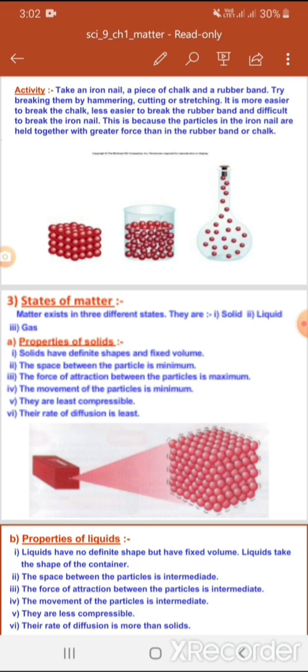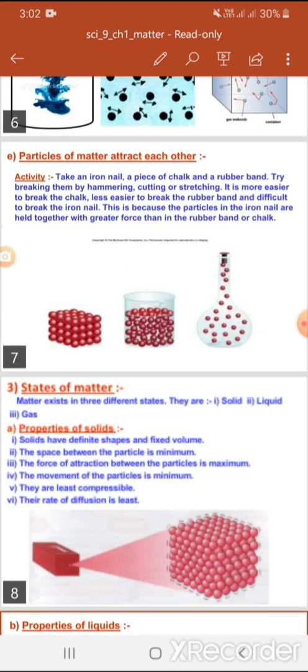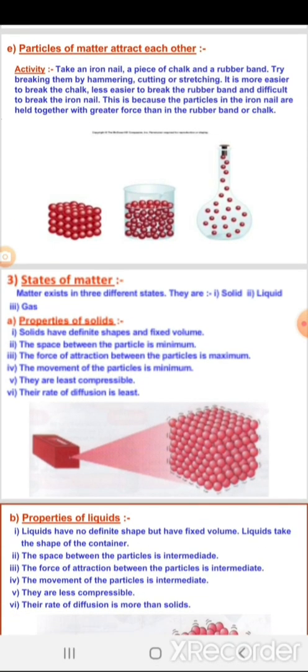So this activity shows that all the particles which make up matter are attracted to each other and form a proper matter irrespective of any shape, whether solid, liquid or gas.